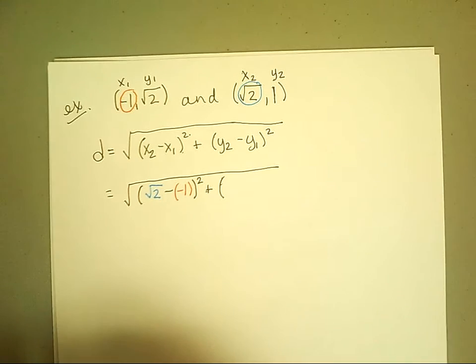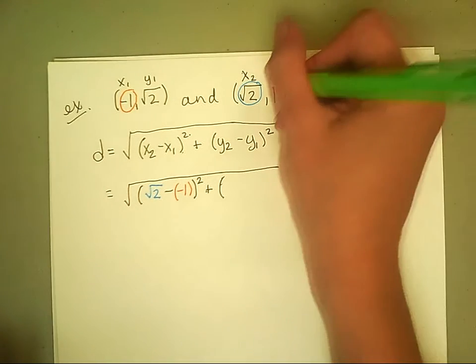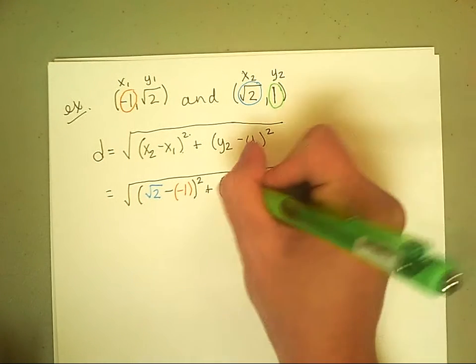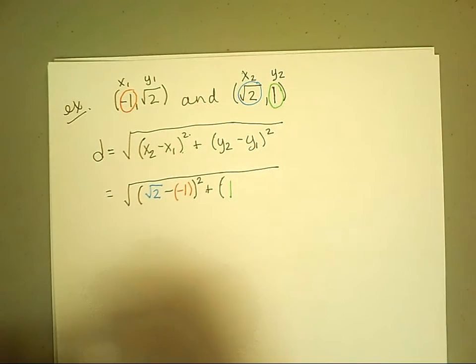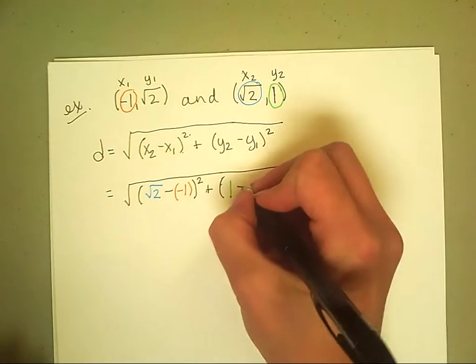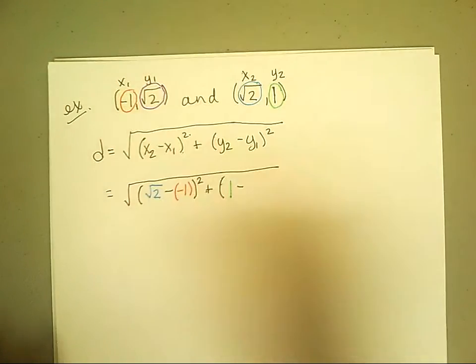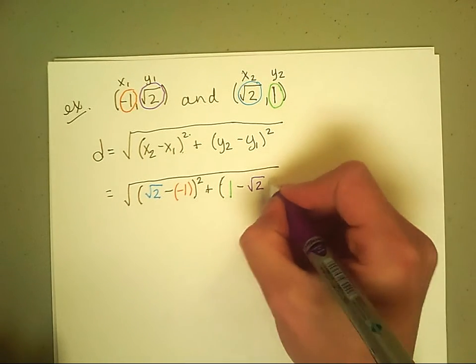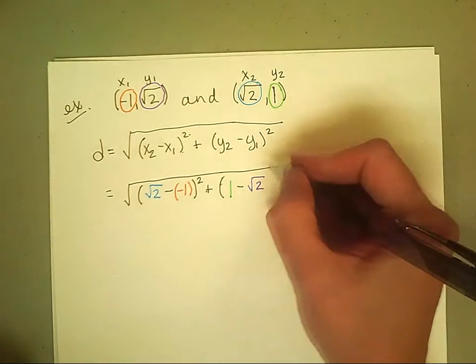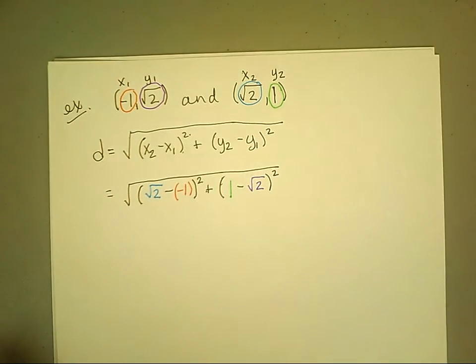Then we add and open up. y2 is 1. Then minus, from our formula, y1, which is the square root of 2, and that needs to be squared.